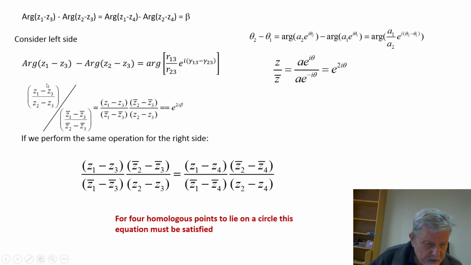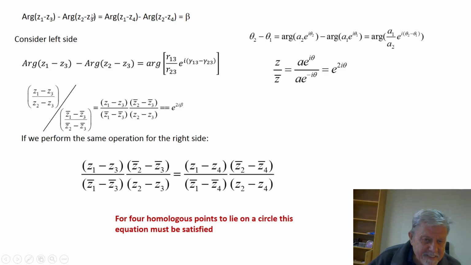Or you can express it like this: Z1 minus Z3 divided by Z1 bar minus Z3 bar, times Z2 bar minus Z3 bar divided by Z2 minus Z3. And this has to be equal to e to the 2i beta.